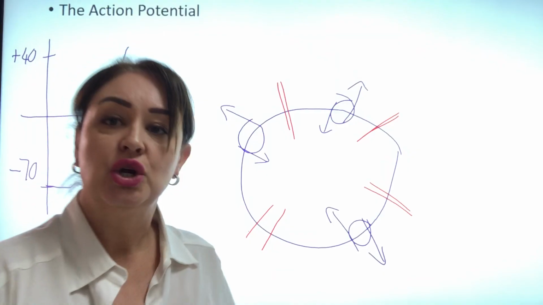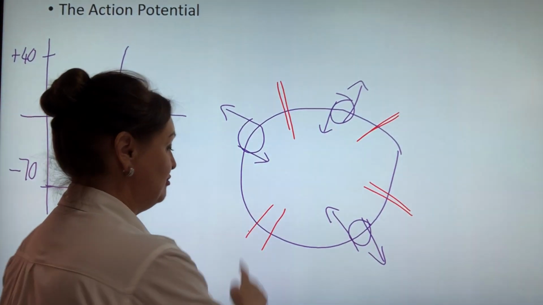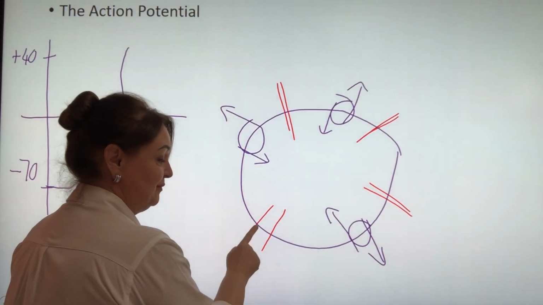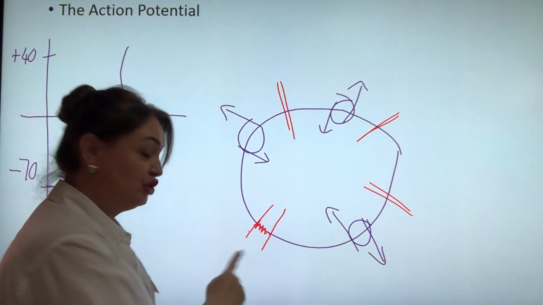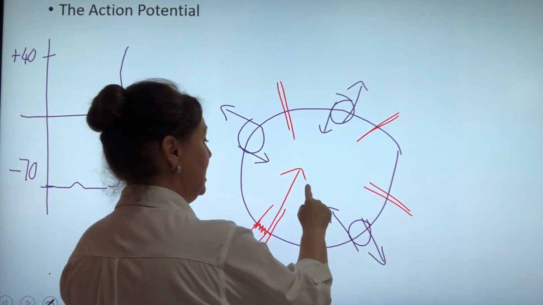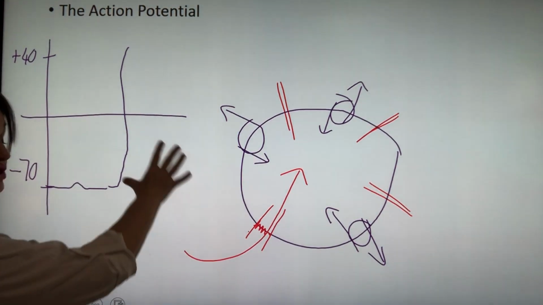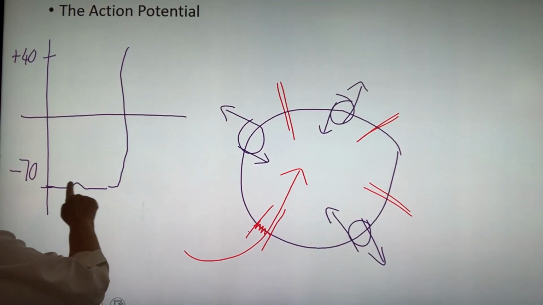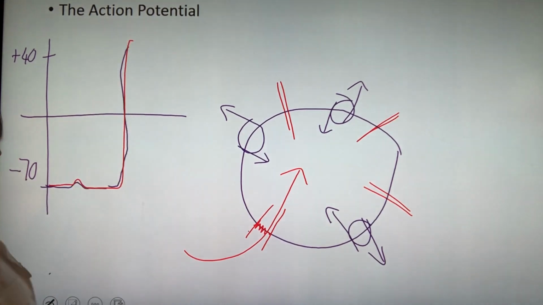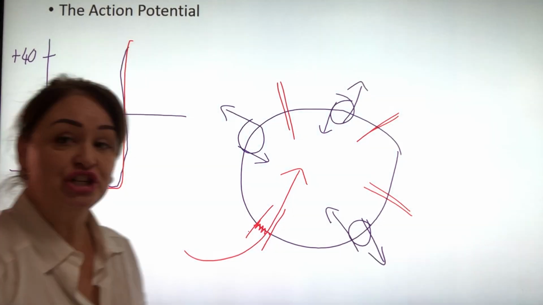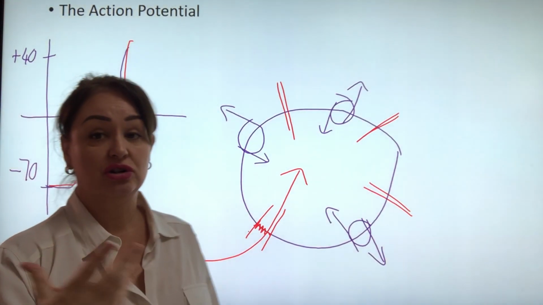We've distorted the membrane as we've pressed it, and that has opened the sodium channel. The sodium has rushed in, and in doing so, it's reversed the polarity of this membrane potential. It's rushed in along an electrochemical gradient.